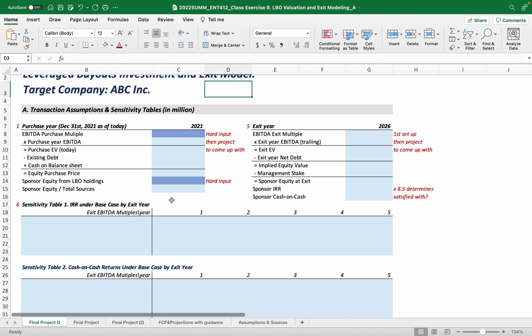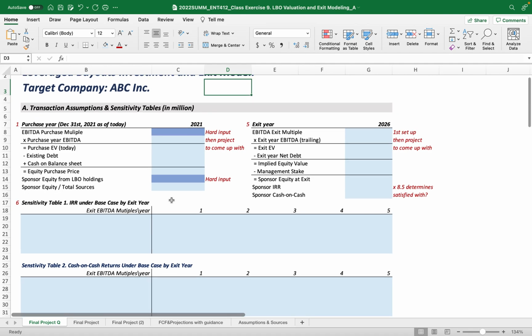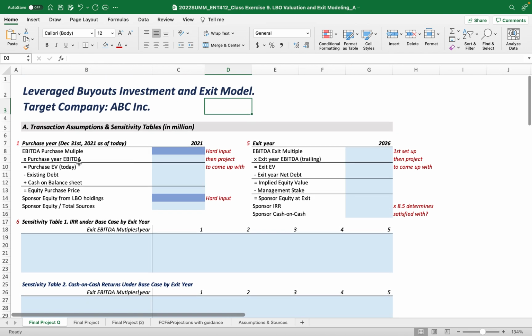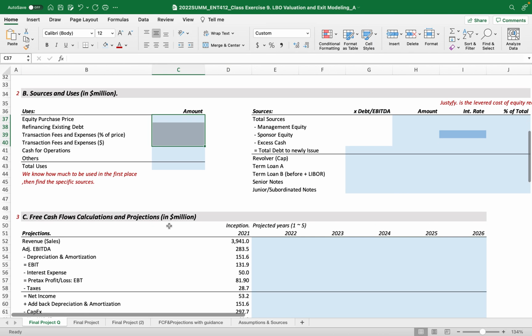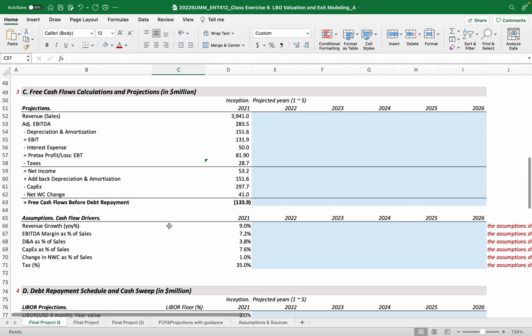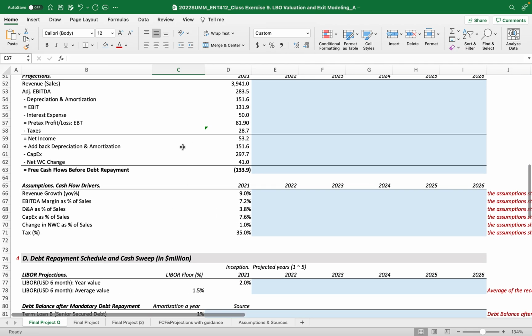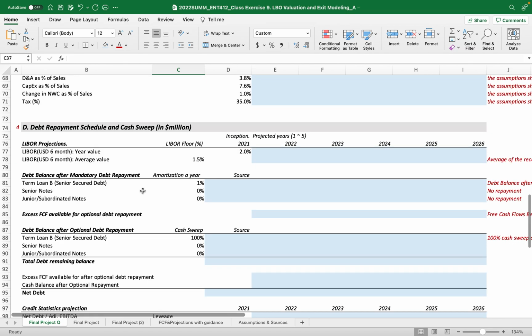We already discussed all these processes during the class, but again, this model comprises transaction assumptions and sensitivity tables, sources and uses of the cash proceeds, and then the free cash flow calculations and projections from your income statement and the balance sheet, and then the debt repayment schedule and cash sweep.